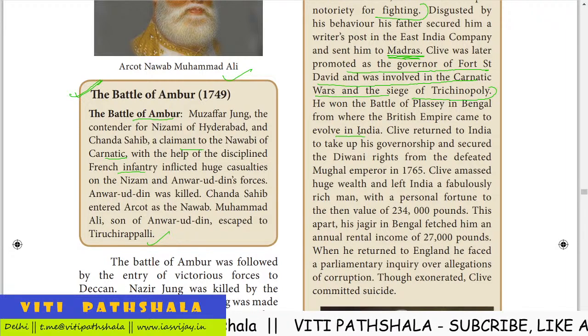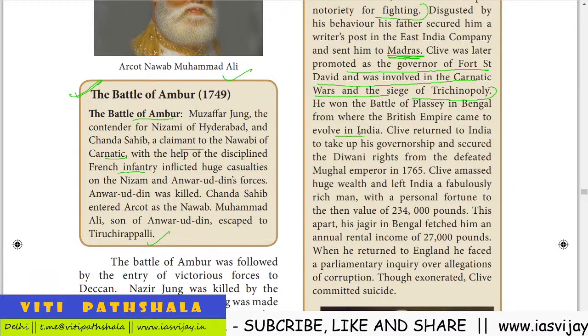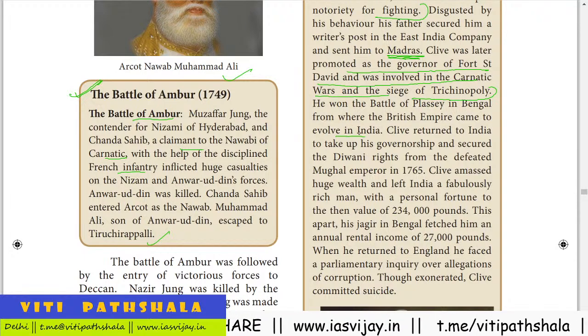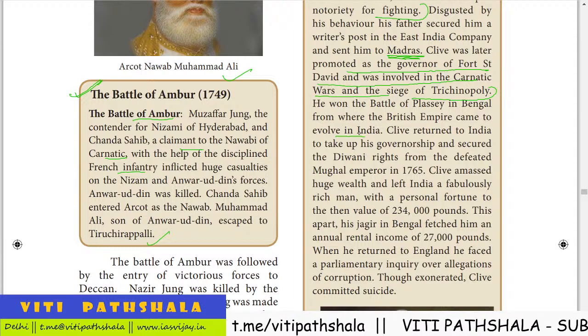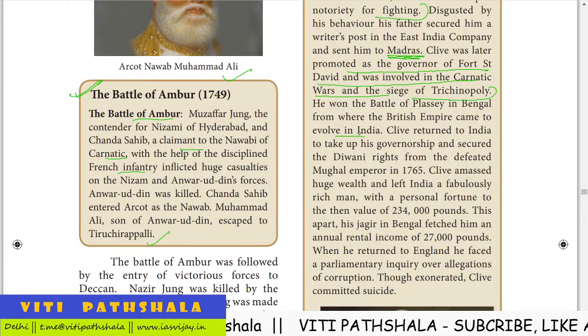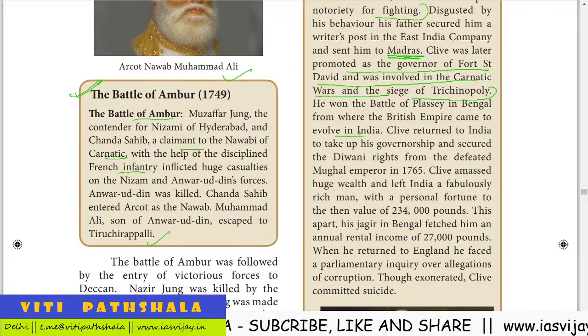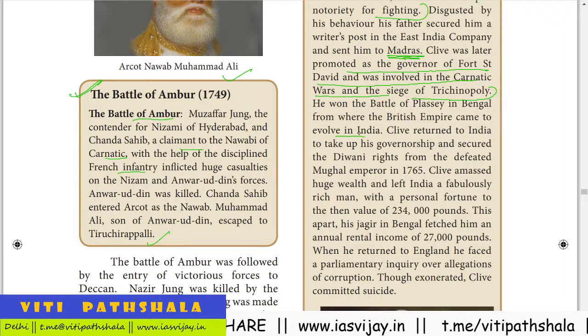Clive amassed huge wealth and left India a fabulously rich man, with a personal fortune of the then value of 234,000 pounds. Apart from this, his Jagir in Bengal fetched him an annual rental income of 27,000 pounds.